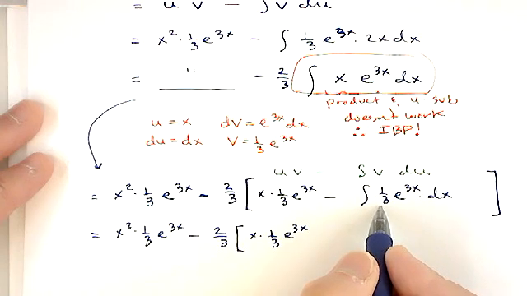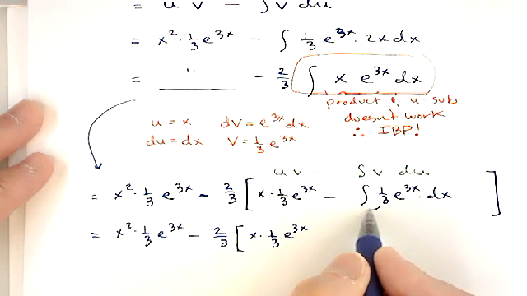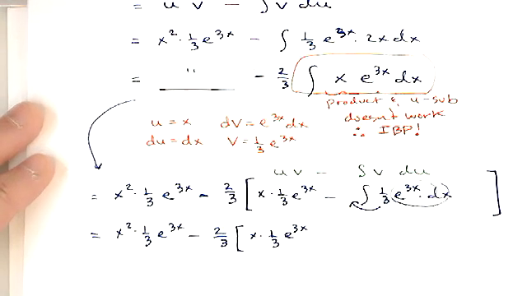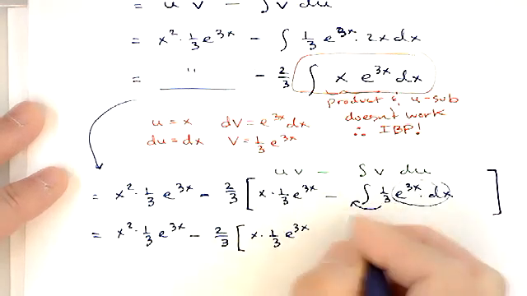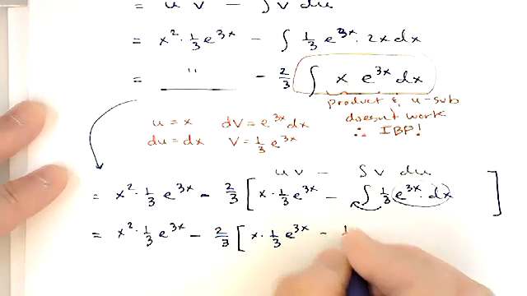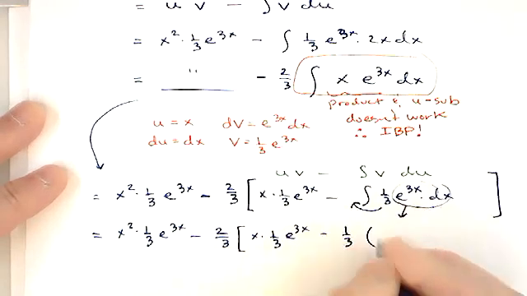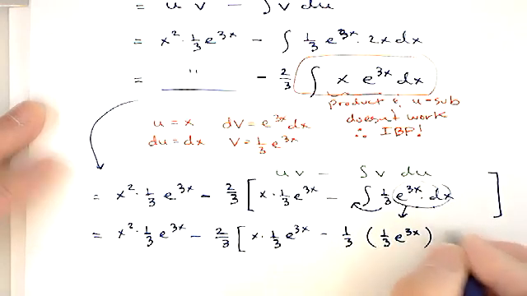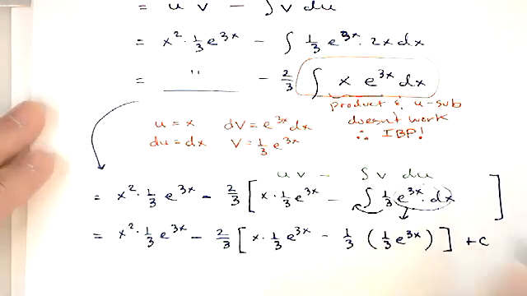This 1/3 could of course come out of the integral, but then what would the integral of e to the 3x be? Wouldn't that be another 1/3 e to the 3x? So if you can do that in your head, you don't have to keep rewriting all this mess. It's going to be minus 1/3, and then this antiderivative is another 1/3 e to the 3x. That's going to save you a little bit of time. And then we'll usually just put the plus c here.